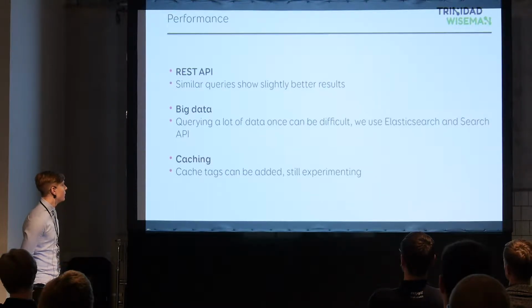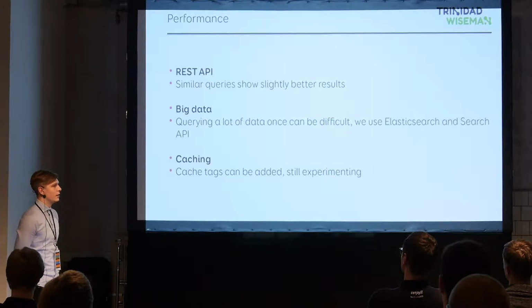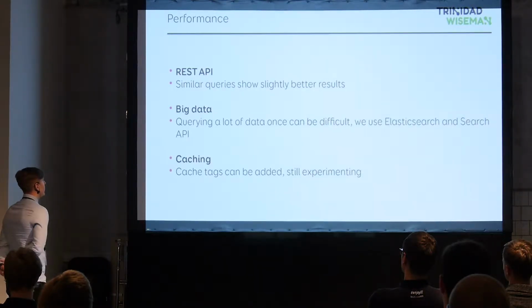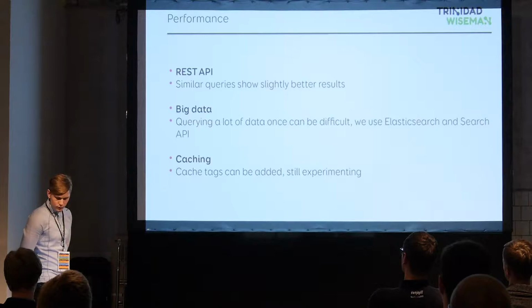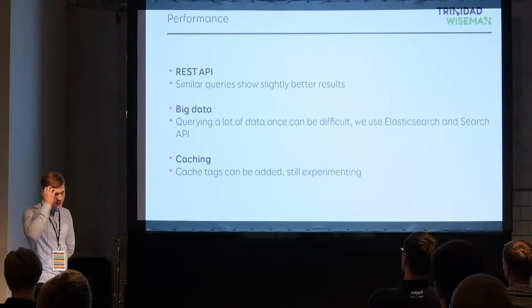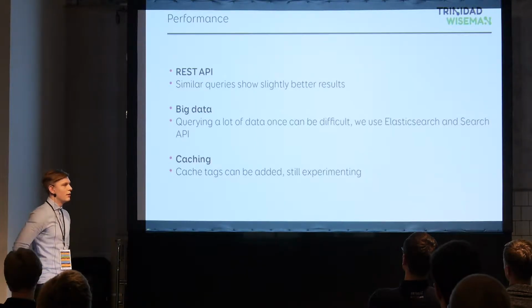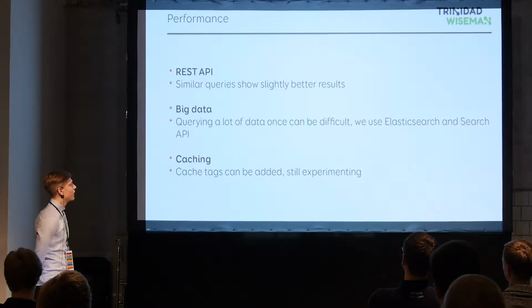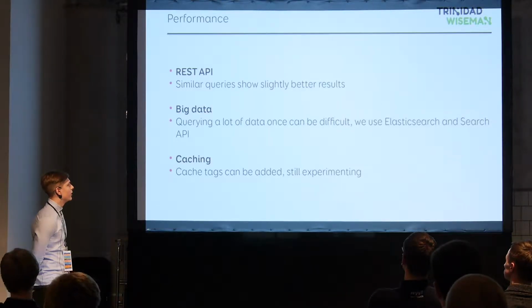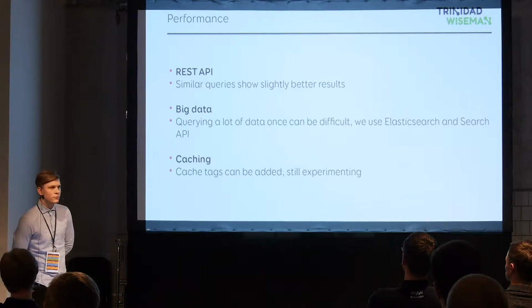And if I really try to improve the speed of the queries by using Elasticsearch, then the results were really big. And we are experimenting with cache tags, and we are trying to get it to work in the near future, which will improve the performance even more.